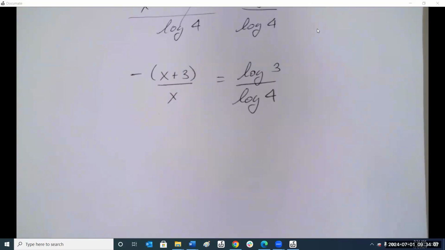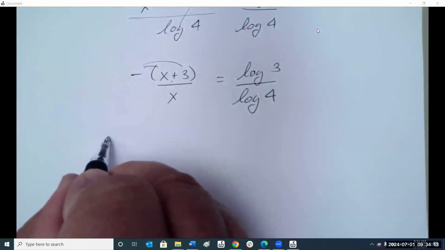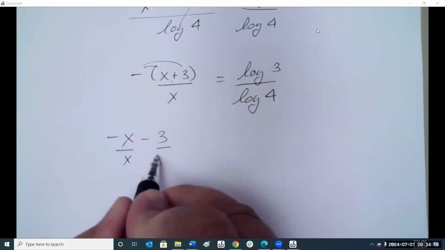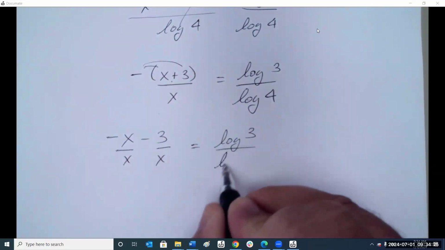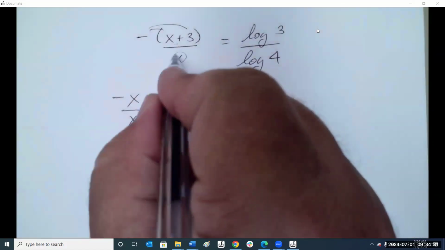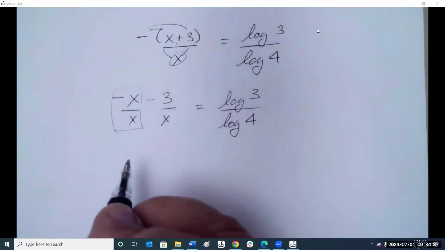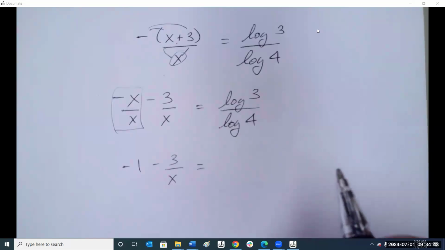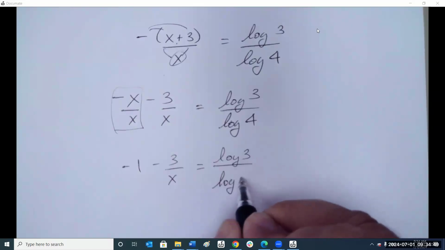You're solving for x, so now you have to get x by itself. Distribute the negative sign to get negative x minus 3. And since it's a monomial on the bottom, this one could go underneath both of them. Negative x over x is negative 1, minus 3 over x equals log 3 over log 4.